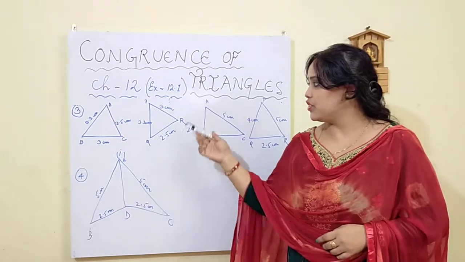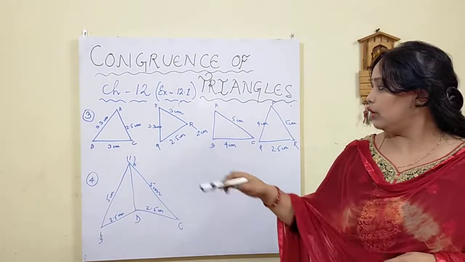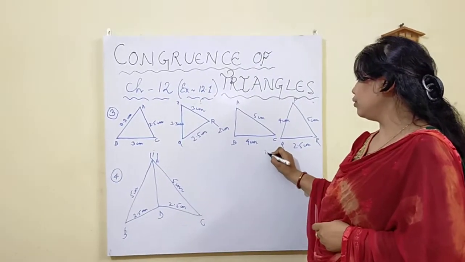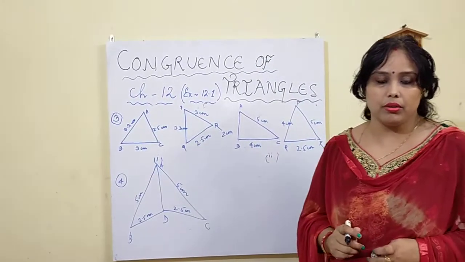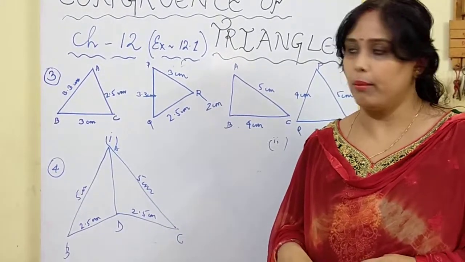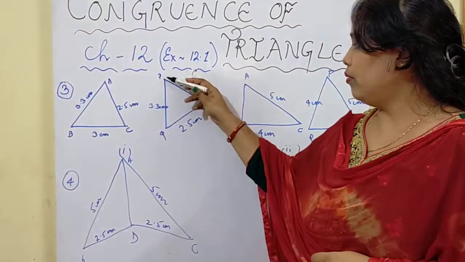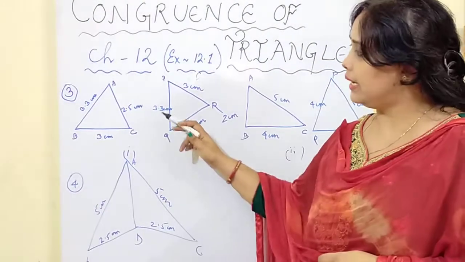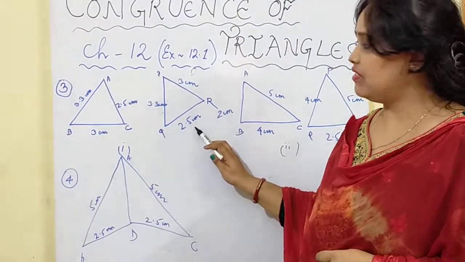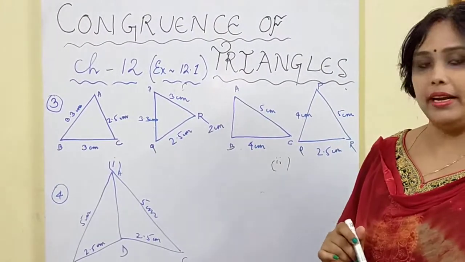Now students, question number 3, here it is asked to show which of the two combinations, 1 or 2, show side side side congruence, and if it is, then we have to show it in symbolic form. So here you see that AB is equal to PQ, 3.3 centimeter, AC is equal to QR, 2.5 centimeter, and BC is equal to PR, 3 centimeter.